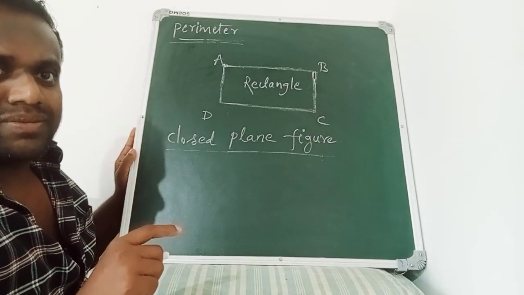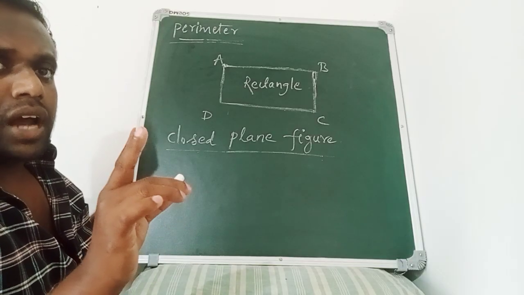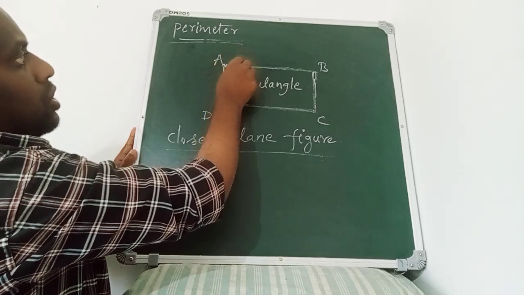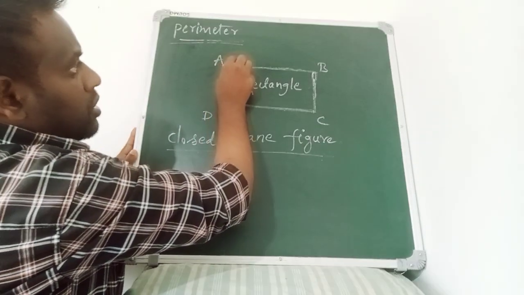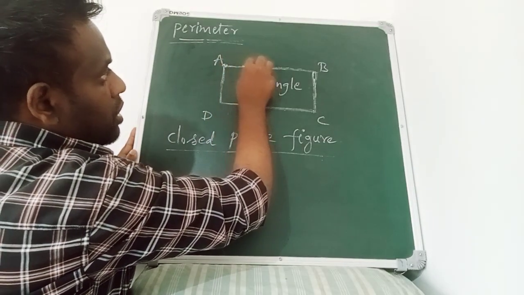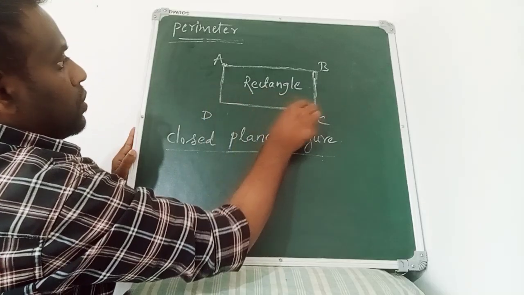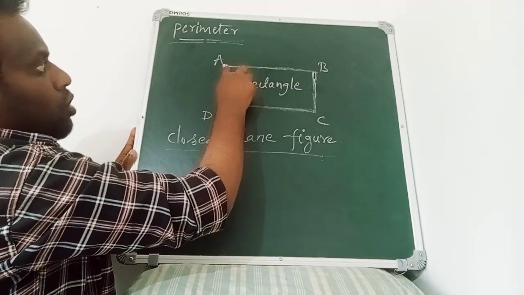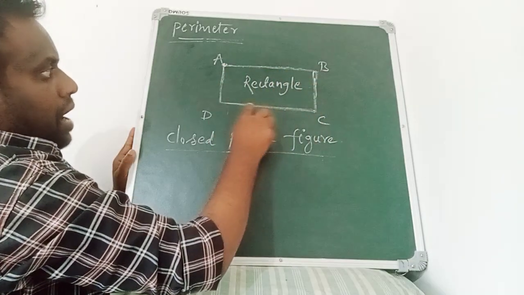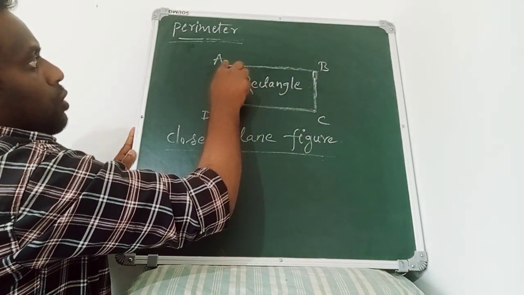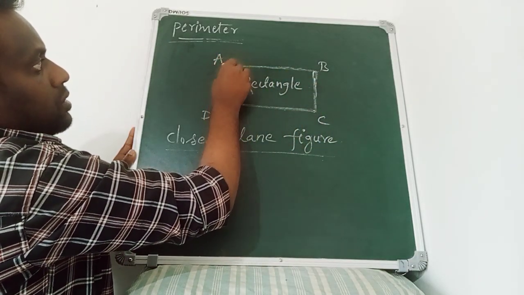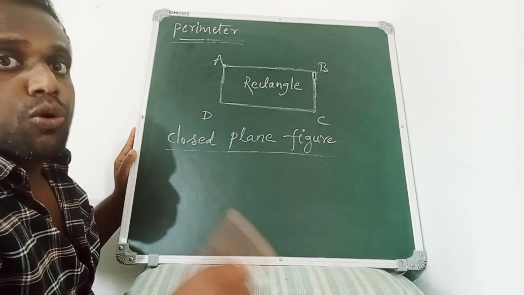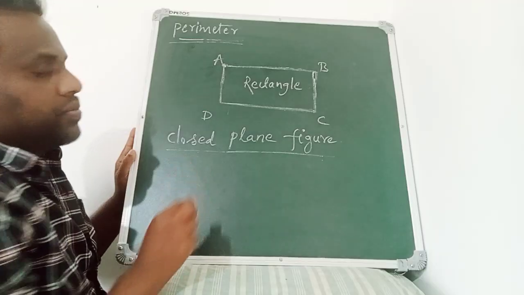That is the perimeter. Here another condition is there. When you start from point A and go around and come back, you have to stop here. After going and coming back, you have to stop here only. After this point, you should not go once again. So only once you have to move around the boundary.